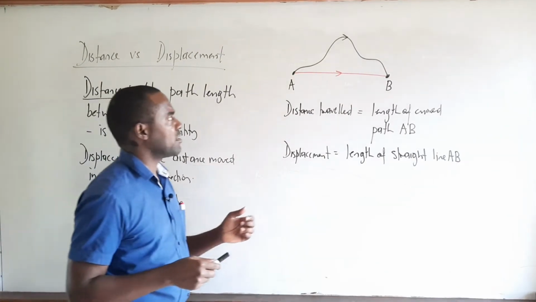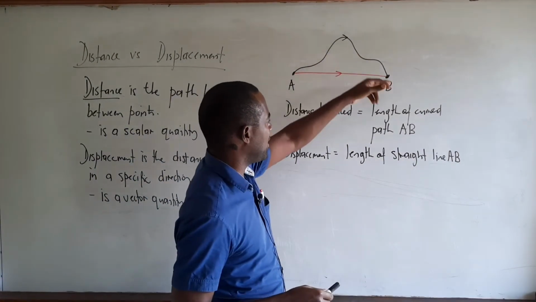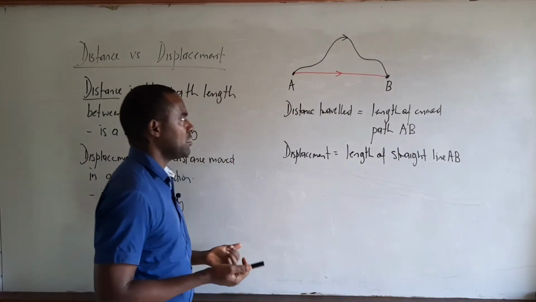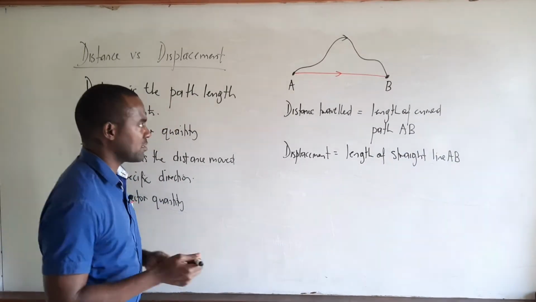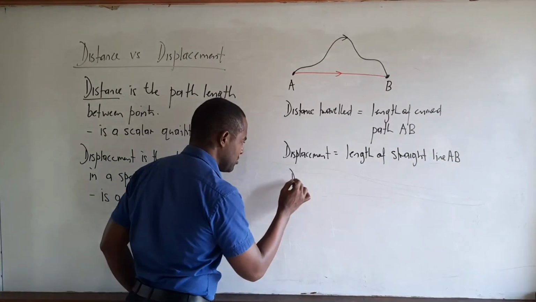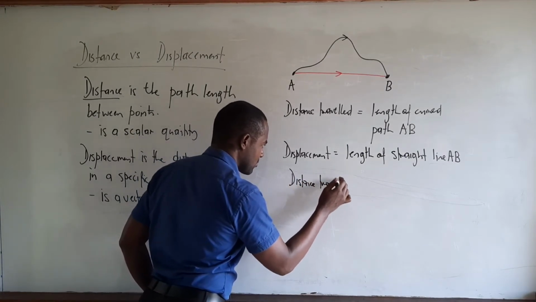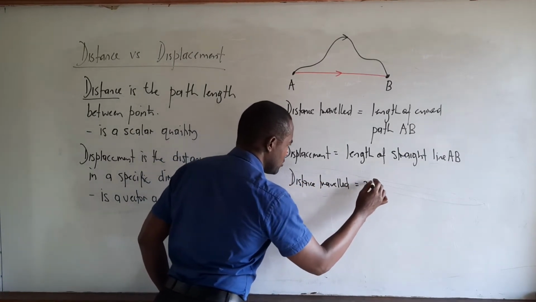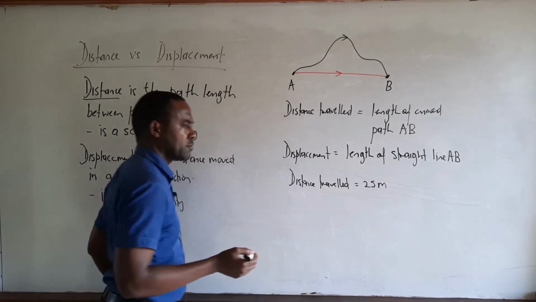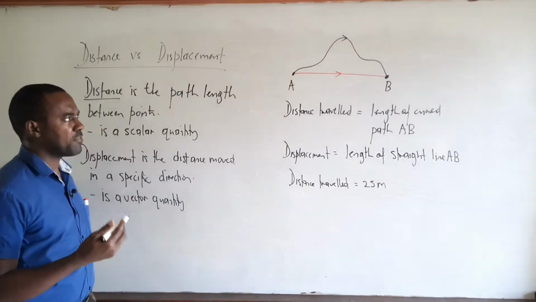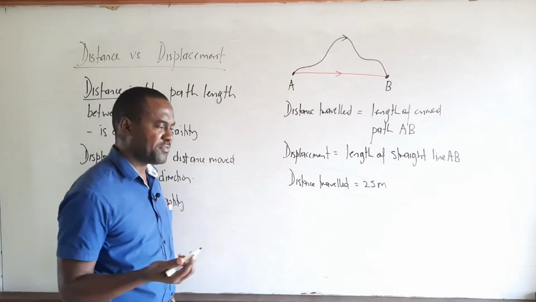Right? Now let's momentarily assign some values to these. Let's say, for instance, the length of this curved path was, say, 25 meters. Then it would mean that the distance traveled is equal to 25 meters. And let's say the length of the straight line was actually 15 meters.